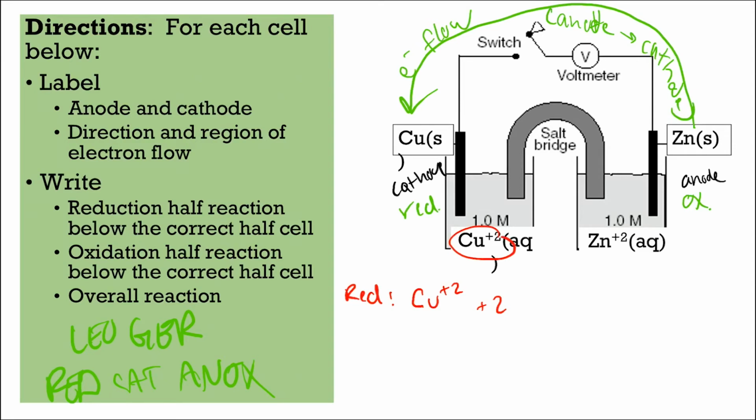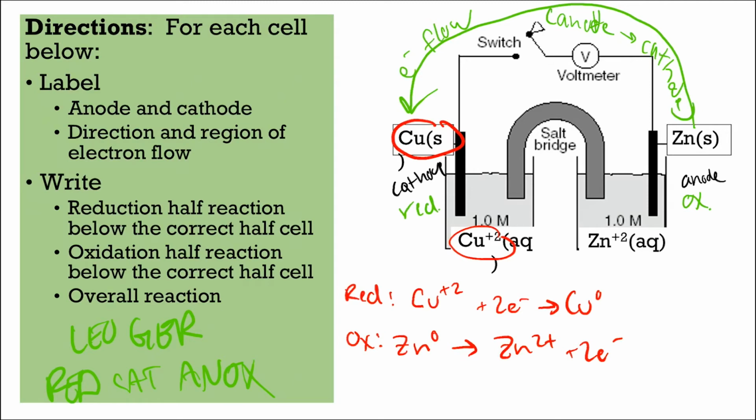Again, using the +2 ion in the water and then the 0 oxidation state of the electrode, like that. And your oxidation reaction looks like that. So it's important to remember reduction electrons are always the reactant, oxidation electrons are always a product.